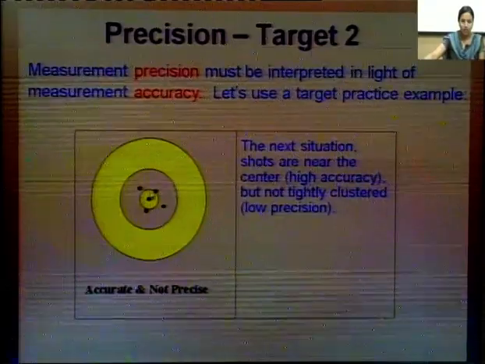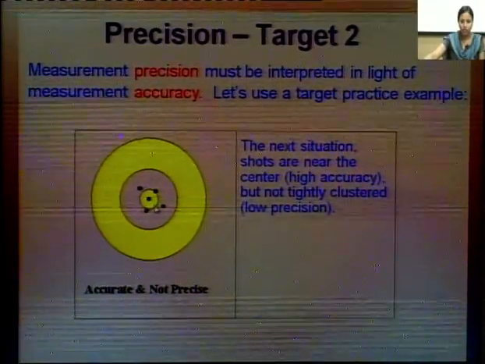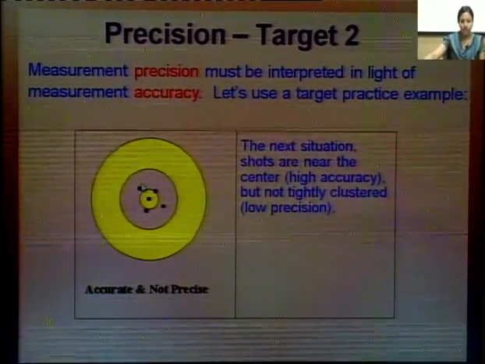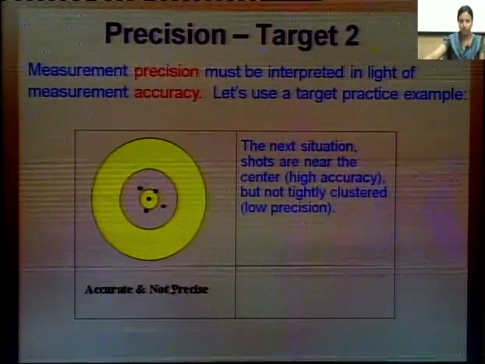Now all these readings are not close to each other, one reading is here, second is here, so these are not precise, but they are closer to this point, closer to this ring, so these are accurate. This reading is accurate, but it is not precise. Third, we come to the point here: these readings are precise because they are closer to each other, but they are not here, so these are not accurate.